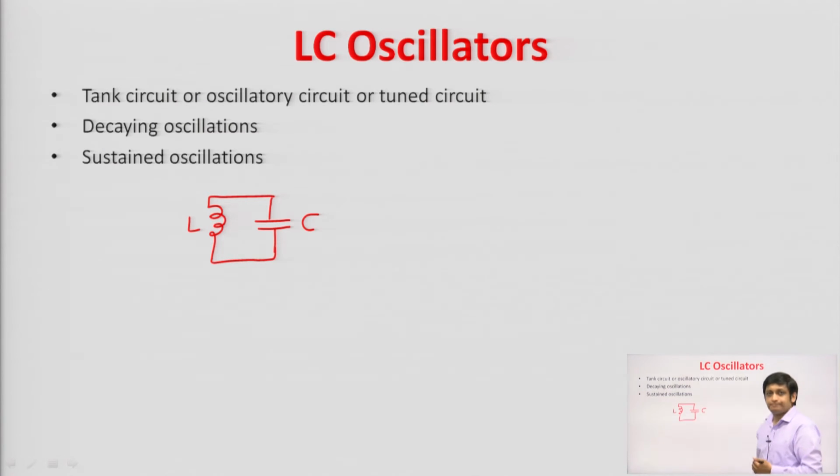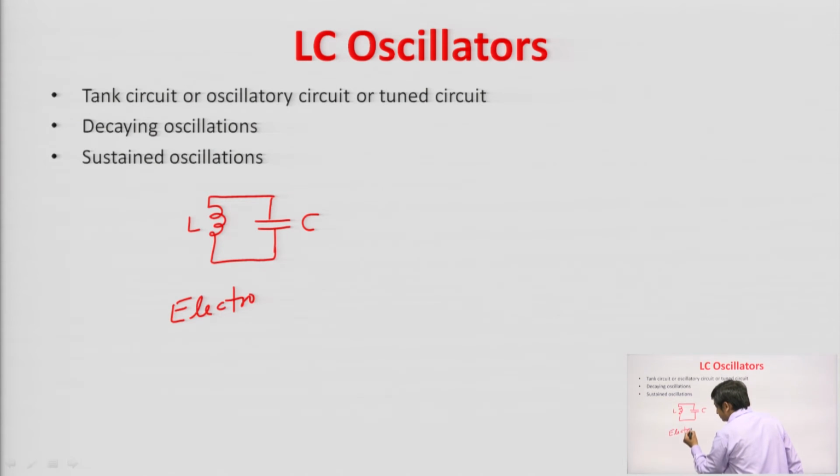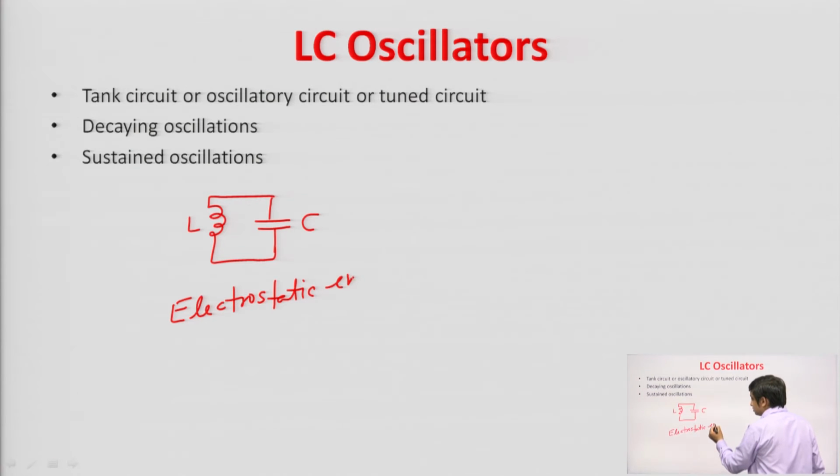What will happen? As we know, this capacitor C stores electrostatic energy, and when this capacitor is connected in parallel with the inductor, then this capacitor will start discharging through this inductor.